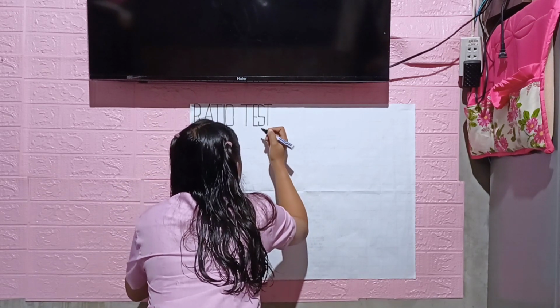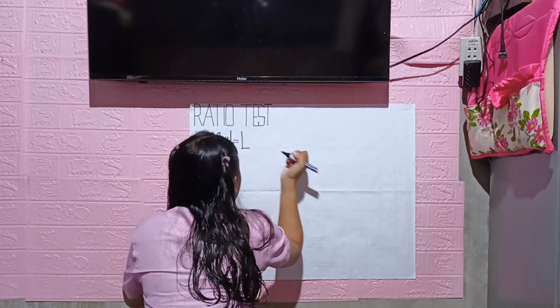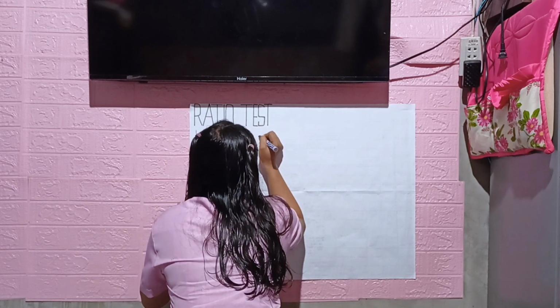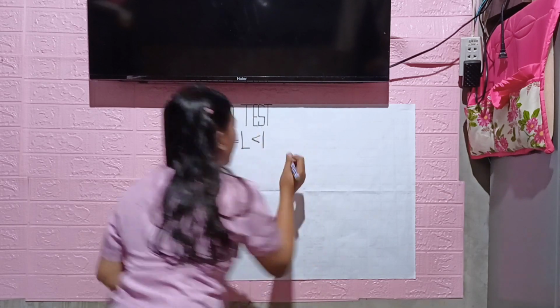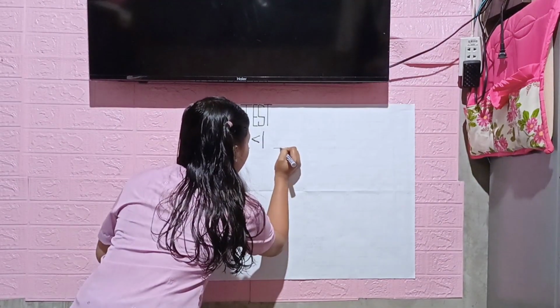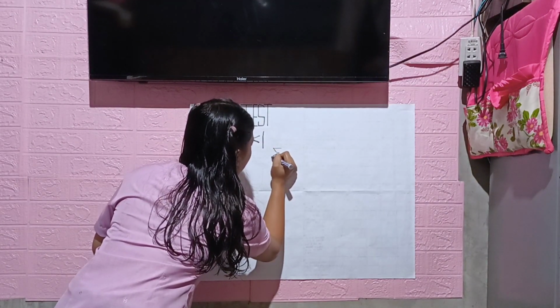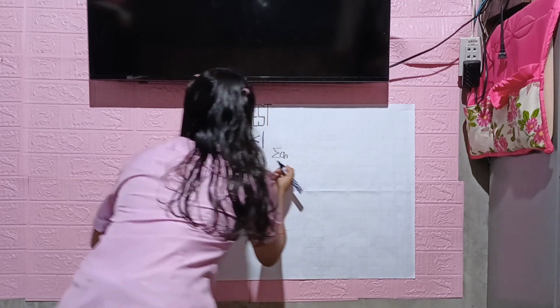Let's say we get a limit L, and that limit is less than 1. Then the series is going to be absolutely convergent.